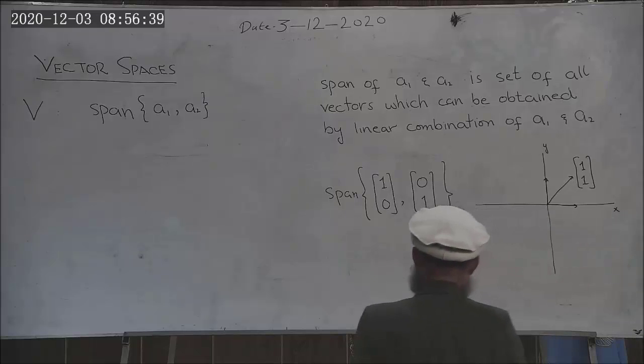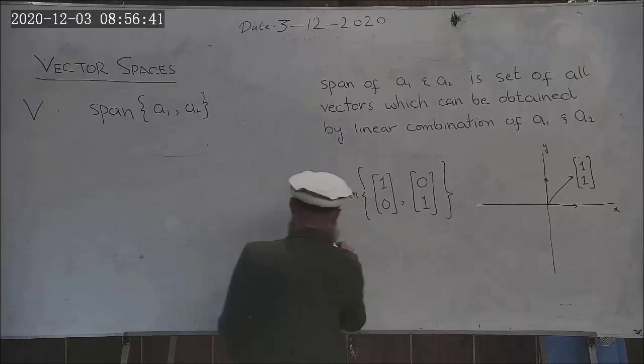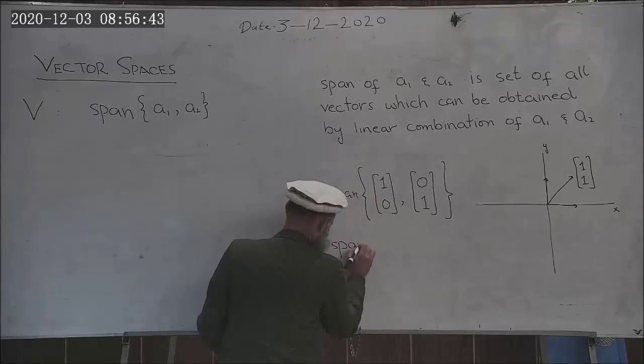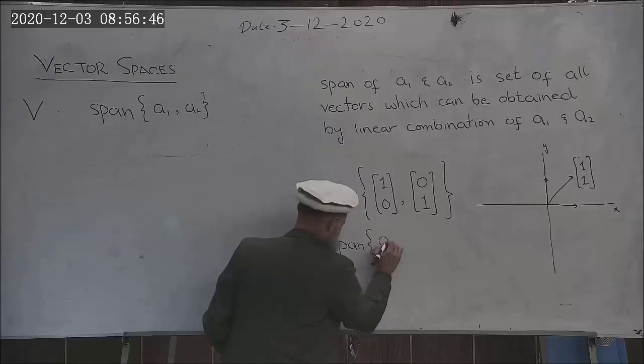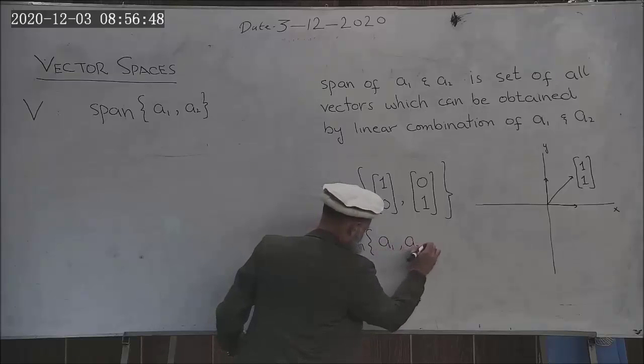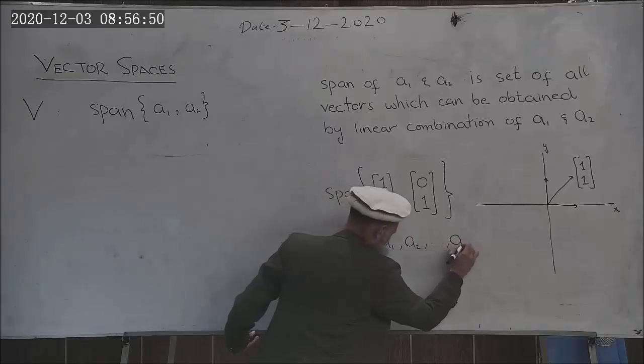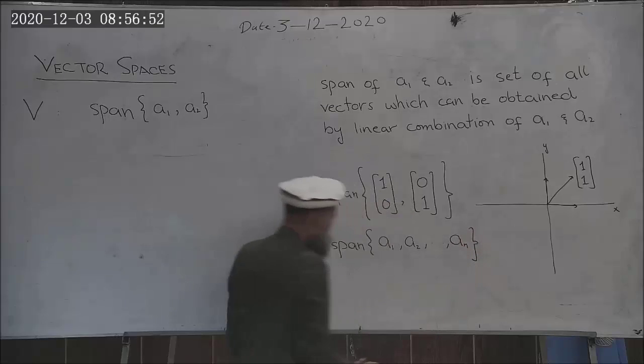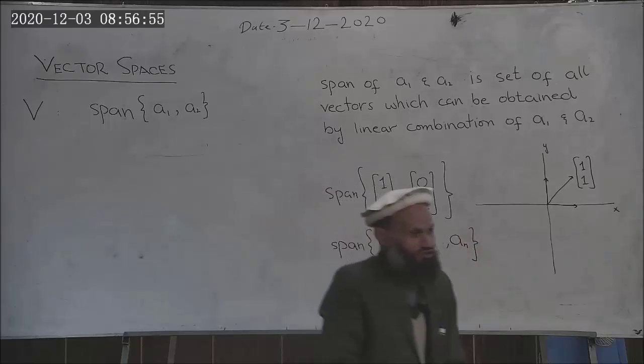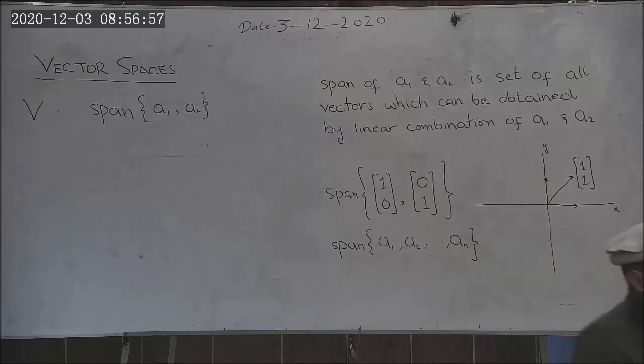Similarly, what is the span of n vectors? Span of n vectors is the set of all vectors which can be obtained by linear combination of these n vectors. And this is the same as Rn, right? Yes?